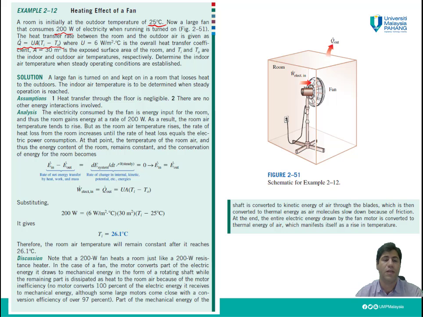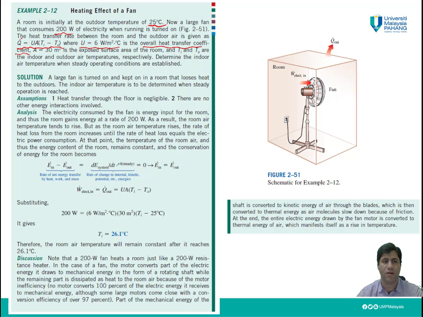And U is a parameter we call the overall heat transfer coefficient. You may know about that from your heat transfer subject, that this is a characteristic of the materials we have here, and it also depends on other characteristics of the heat transfer type and so on. But here we have the equation.